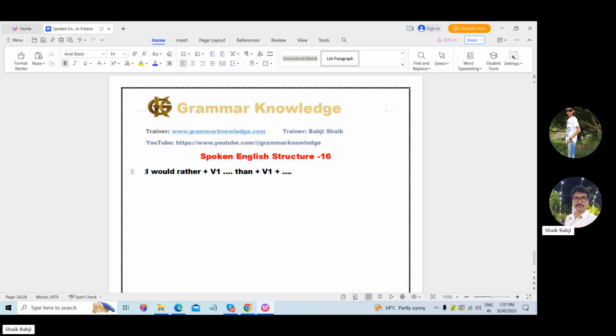Let's see how we can use this structure. The usage of this structure is used to express a preference or choice between two or more options or more actions.